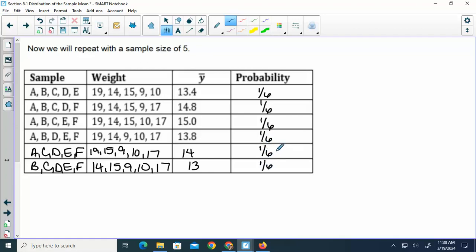All right. So if we look at this, what is the mean? So how do I find the mean of these means? Is that confusing? Yep, add them up, divide by 6.